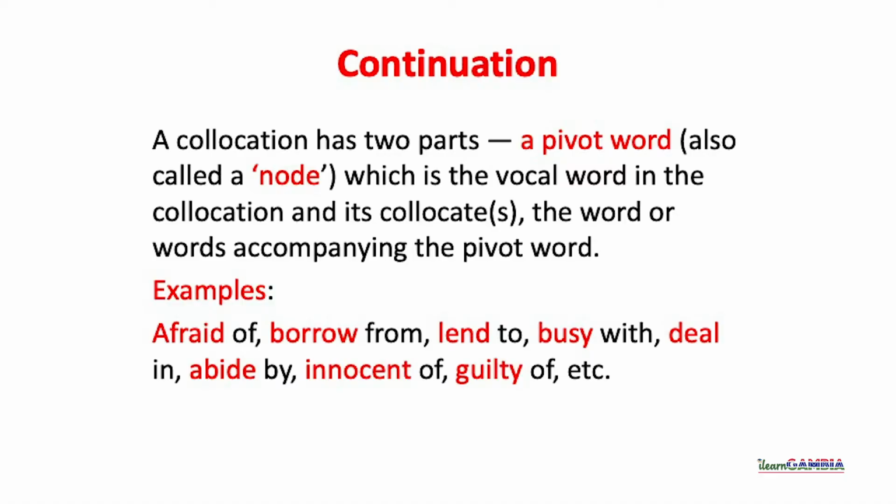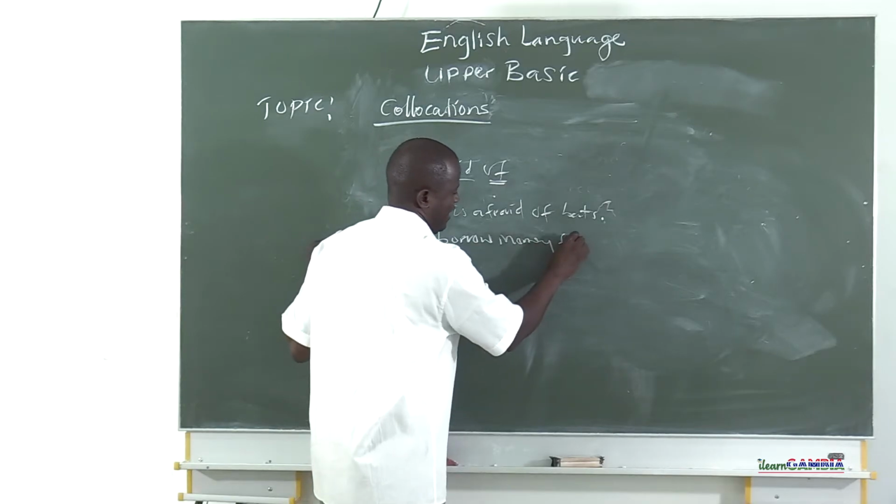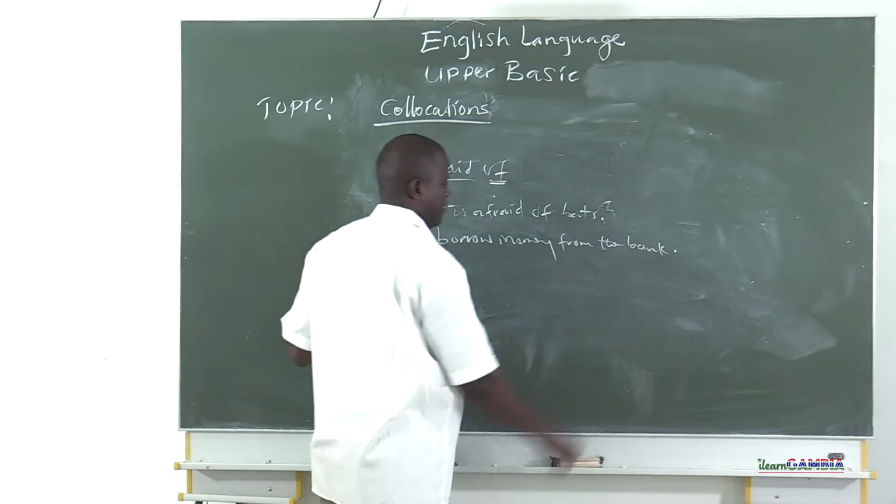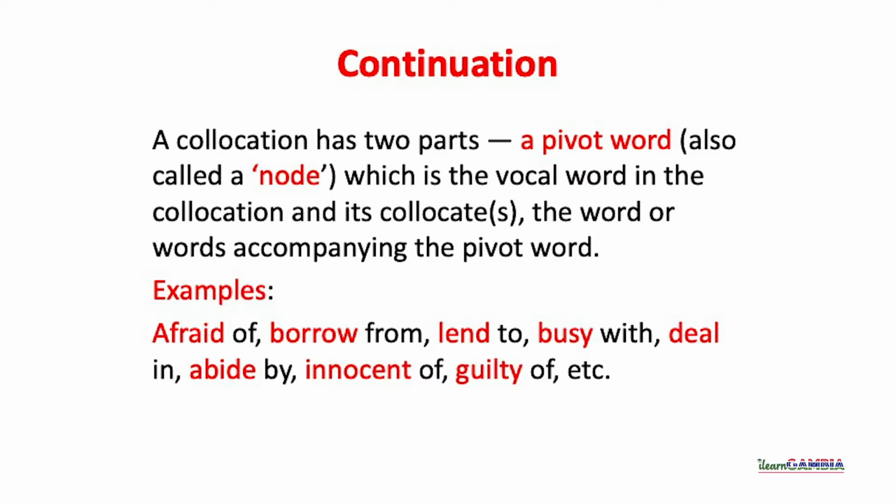All right? So we also have borrow from. You say, I borrow money from the bank. We also have lend to. I lend my laptop to Buba.